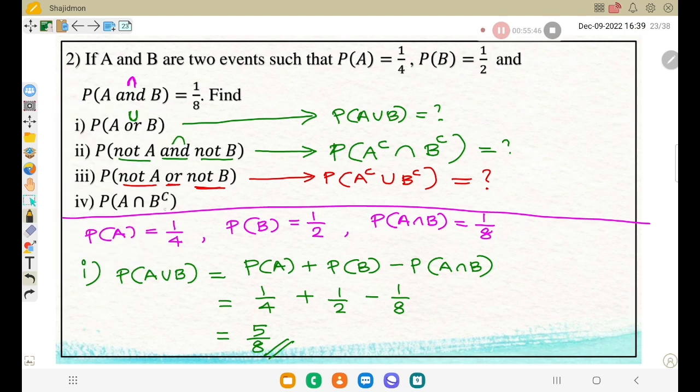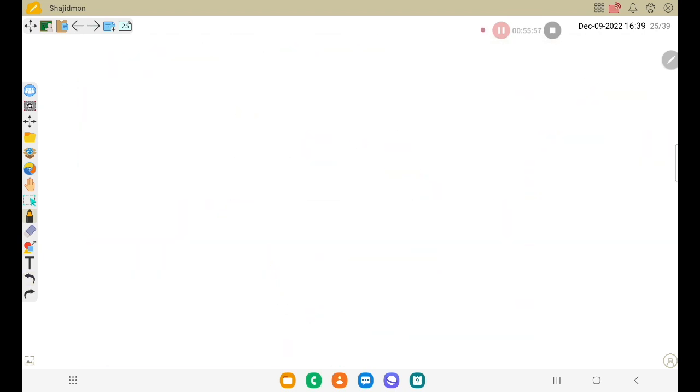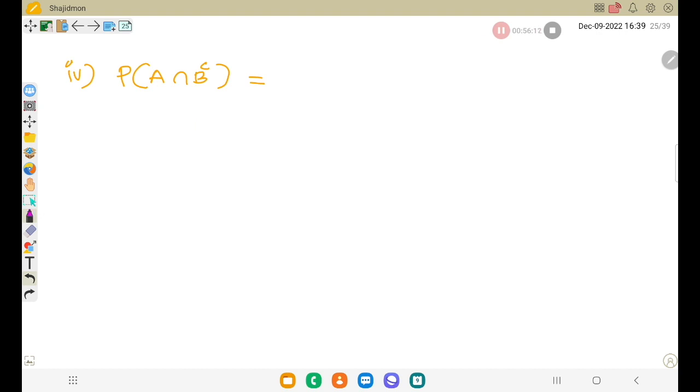What is the fourth part? You can see probability of A intersection B complement. Now I will do that question, the fourth part: probability of A intersection B complement equal to. This one we studied as one rule. What is probability of A intersection B complement?